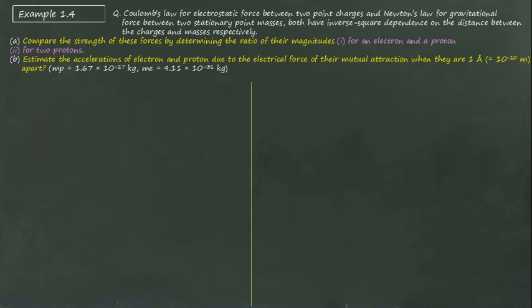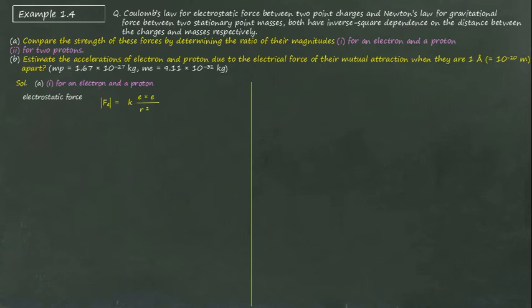Here Coulomb's law is electrostatic force and Newton's law for gravitational force. Now in first, the ratio of their magnitudes means ratio of electric force and gravitational force. For an electron and proton, electrostatic force Fe is equal to K E cross E divided by R square.